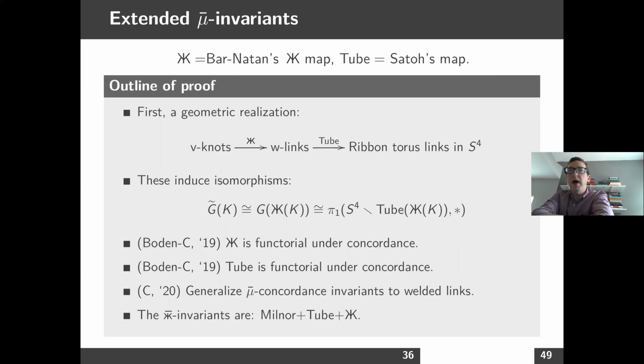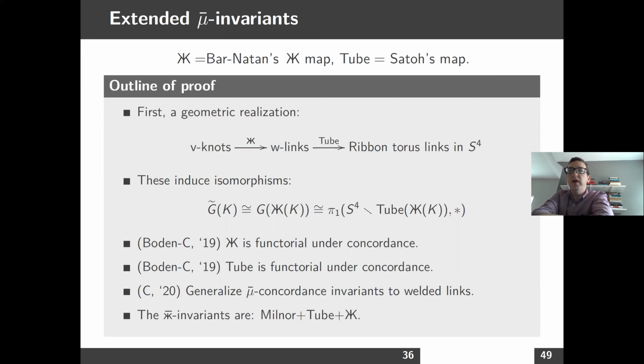So this J map is a map that goes from virtual knots to welded links. And the tube map goes from welded links to ribbon torus links in S^4. And so the interesting thing about these maps is that they induce isomorphisms on the corresponding groups.